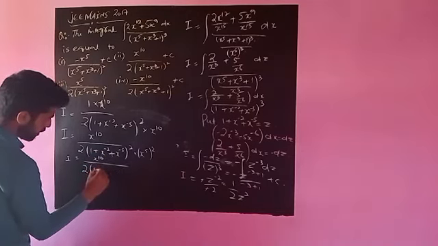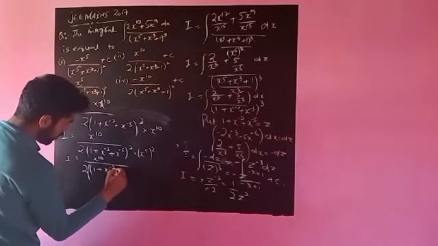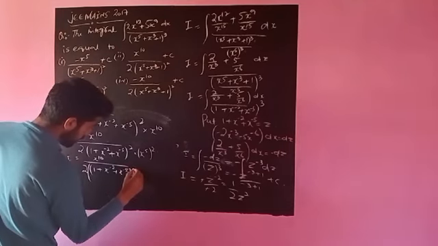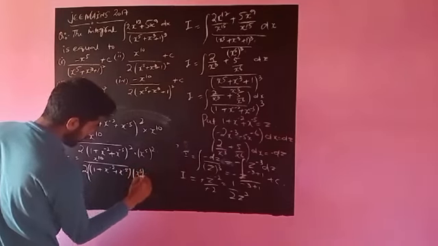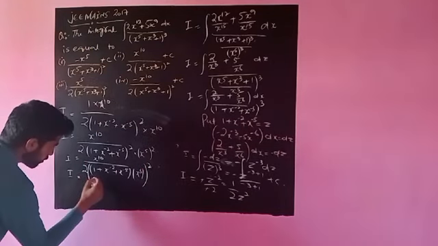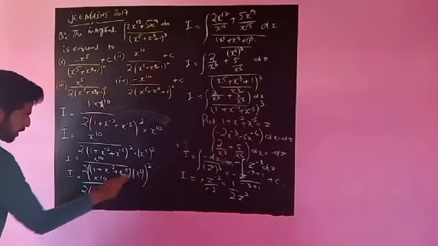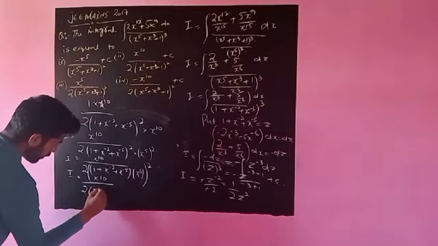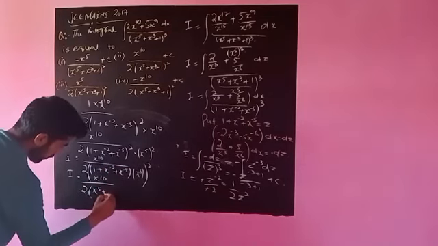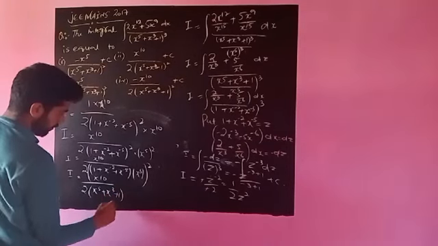Here we write 1 plus x raised to the power minus 2 plus x raised to the power minus 5 multiplied by x raised to the power 5, and whole square, and we write this I is equal to x raised to the power 10 upon 2 always. Here we multiply this by x raised to the power 5, that is x raised to the power minus 2 plus 5, that is x raised to the power 3, and here we multiply, that is plus 1.